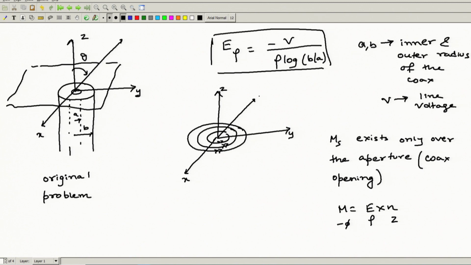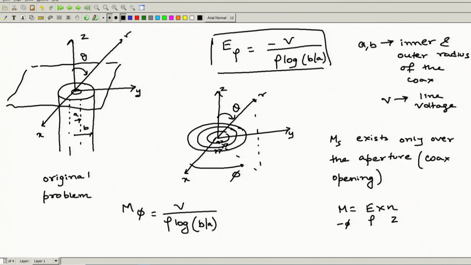This is r, this angle is theta, and this will be phi. So this is the equivalent problem. Now we can write M phi as V upon rho log of B by A.